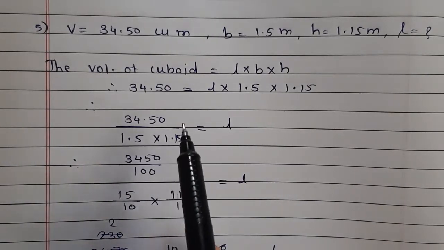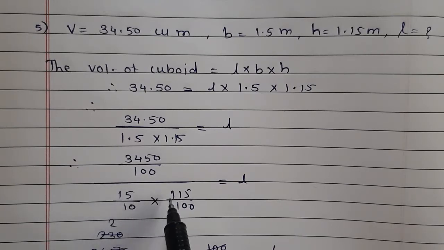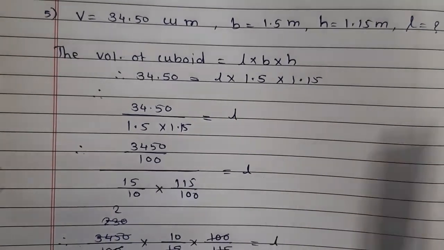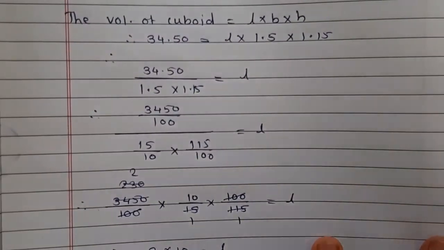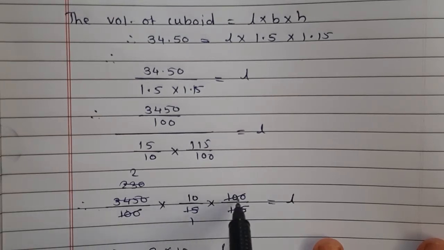Now when we remove the decimal point, we get 3450 upon 100 divided by 15 upon 10 into 115 upon 100 equals L. Now after taking the multiplicative reciprocal, we get 3450 upon 100 into 10 upon 15 into 100 upon 115. That 100 gets cancelled.